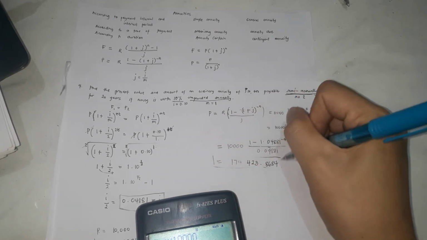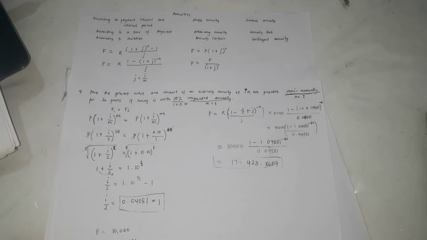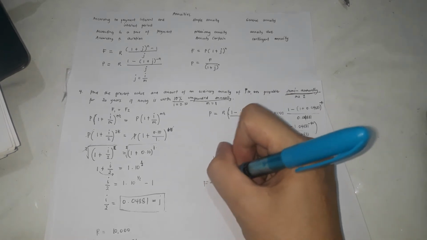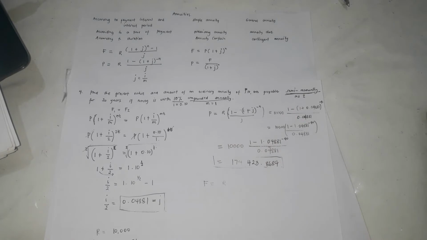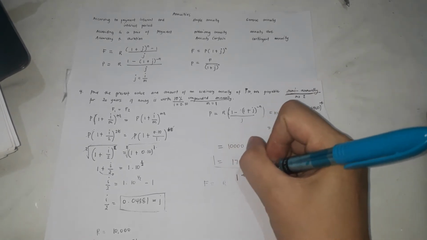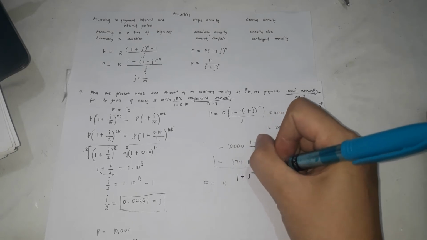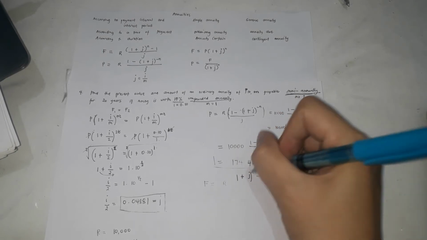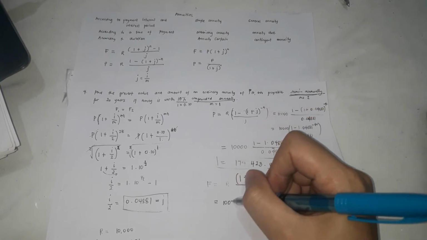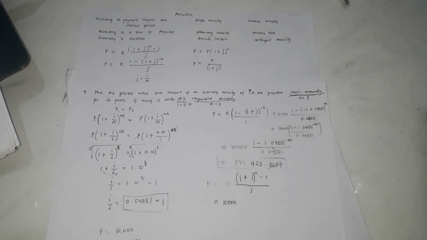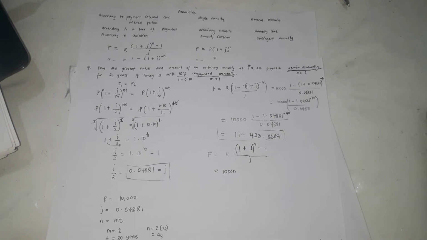So let's solve for the future. The future value F is equal to the formula R times (1 plus j to the power of n minus 1) over j. We know that R is equal to 10,000.